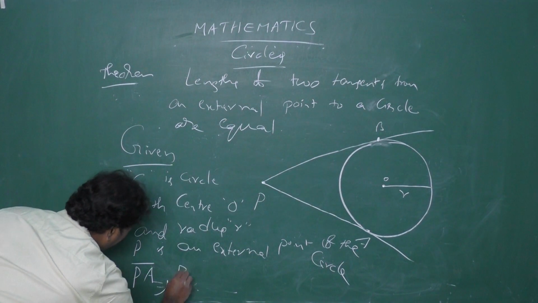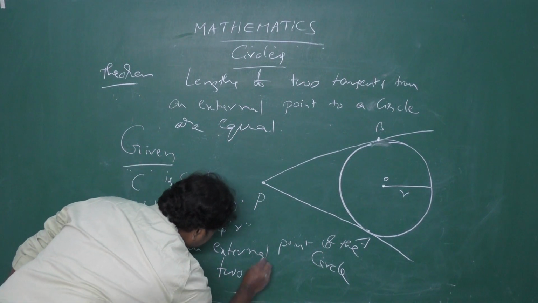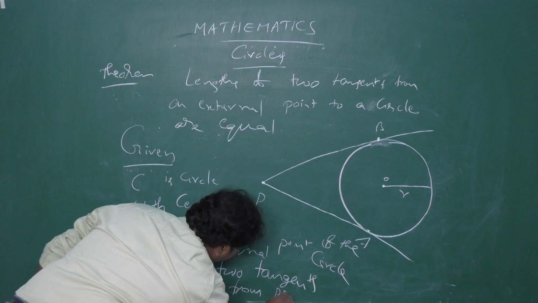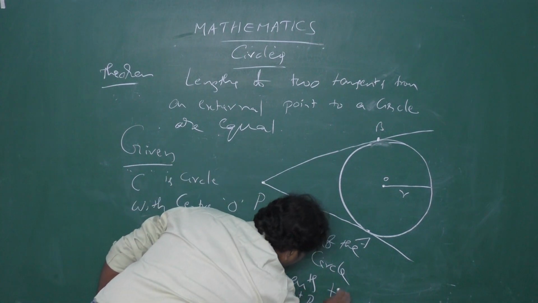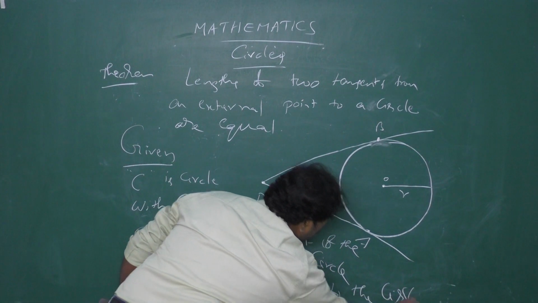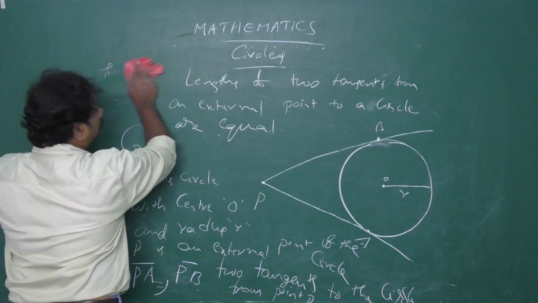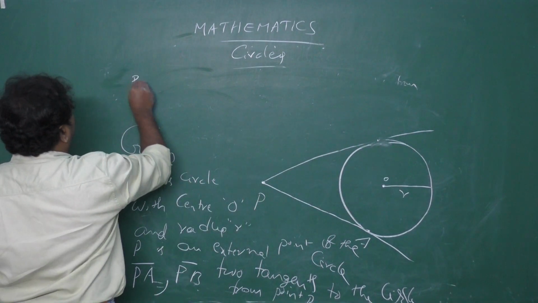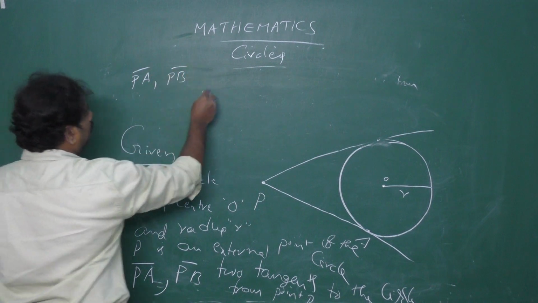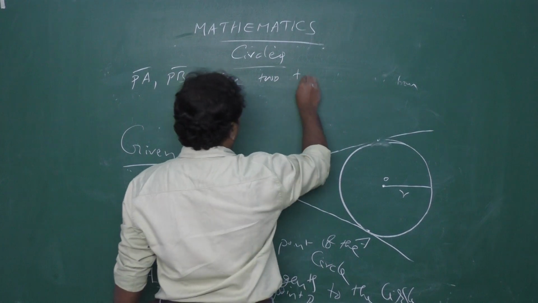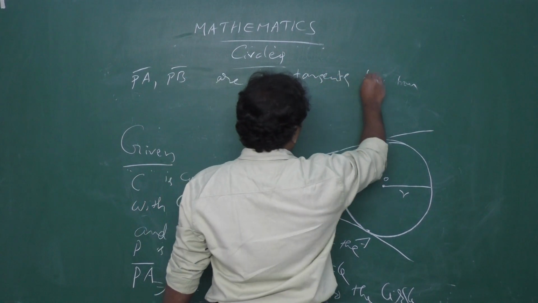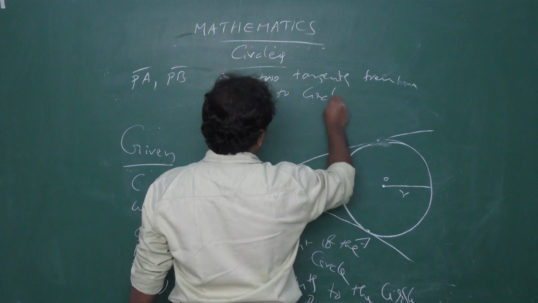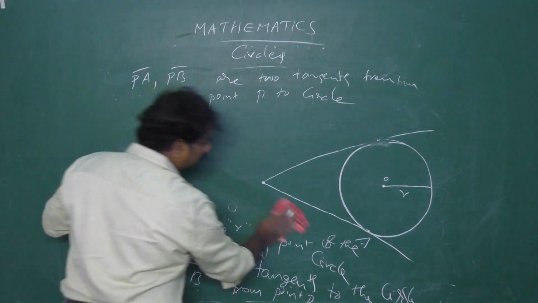PA, PB are two tangents from point P to the circle. This is the given information.